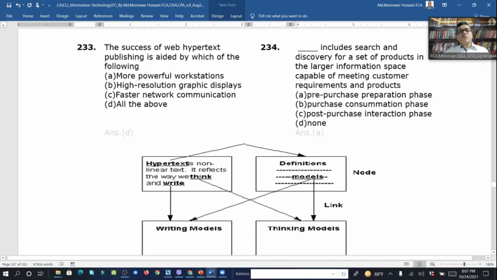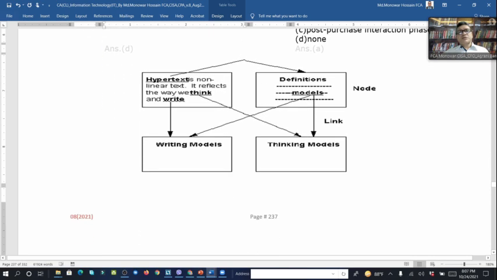The success of web hypertext publishing is aided by which of the following? Here, more powerful workstation, high resolution graphic displays, faster network communication. Your answer is all of the above. So what is web hypertext? Look here.